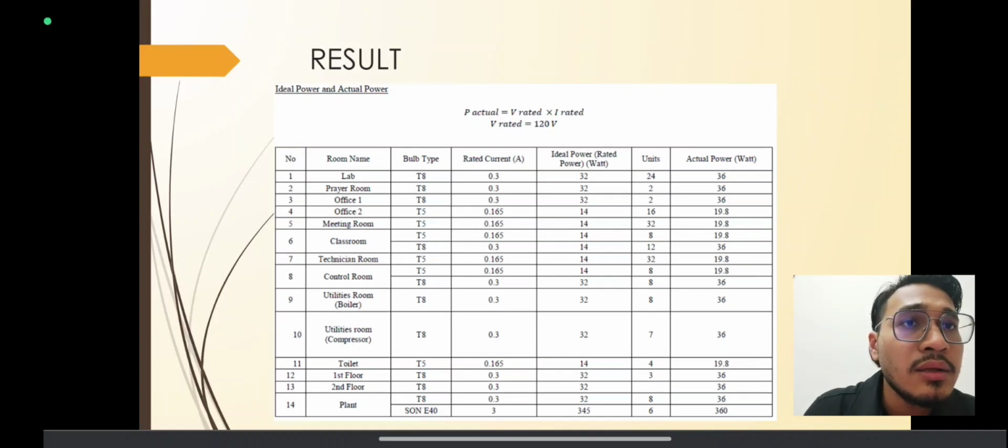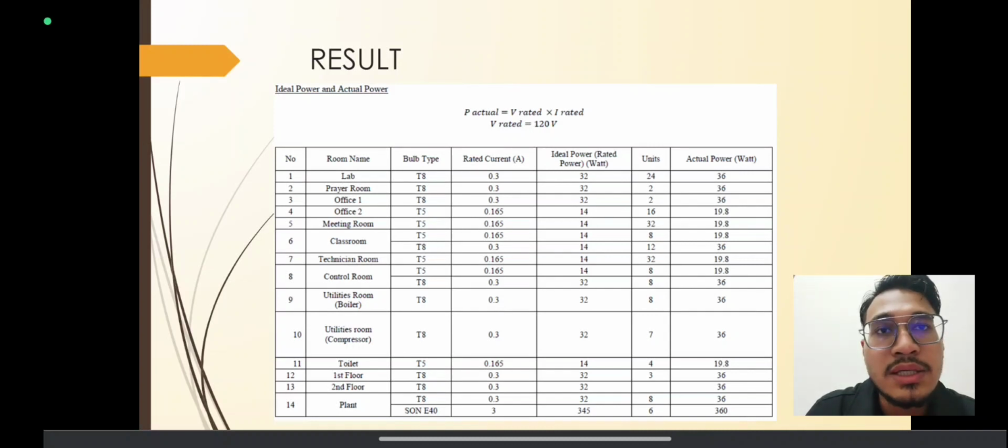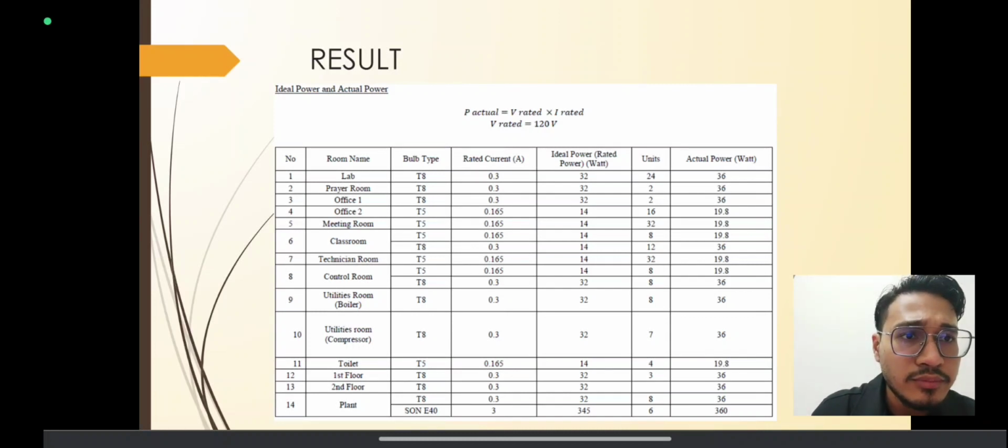And then we assume that V rated is 120 volts. After calculating for each light in each room, such as the lab, prayer room, office, meeting room, classroom, technician room, control room, utilities, which are the boiler and compressor, toilet, first floor, second floor, and also the plant, we collected all the data needed and found its P actual.